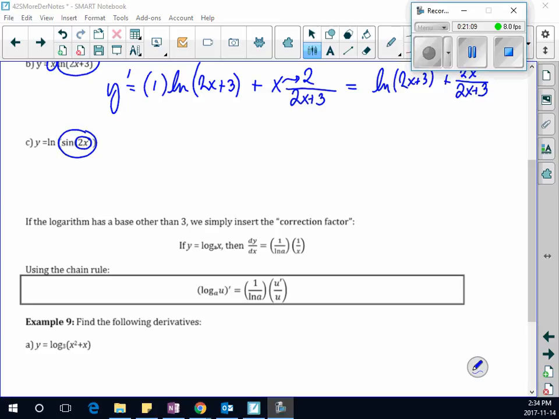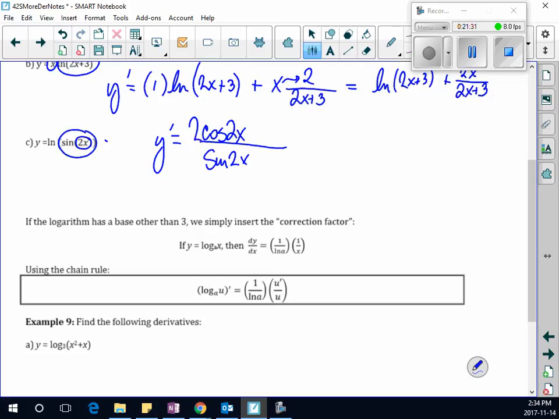Okay, derivative of ln. So y prime is 1 over that, right? Same thing. And then I don't do 1 over, I'm going to put the u prime there. So then the derivative of sine 2x is cos 2x times 2, yes?